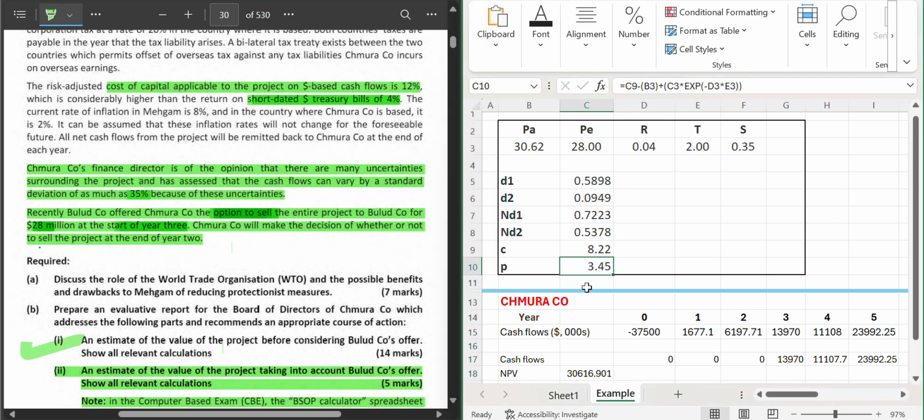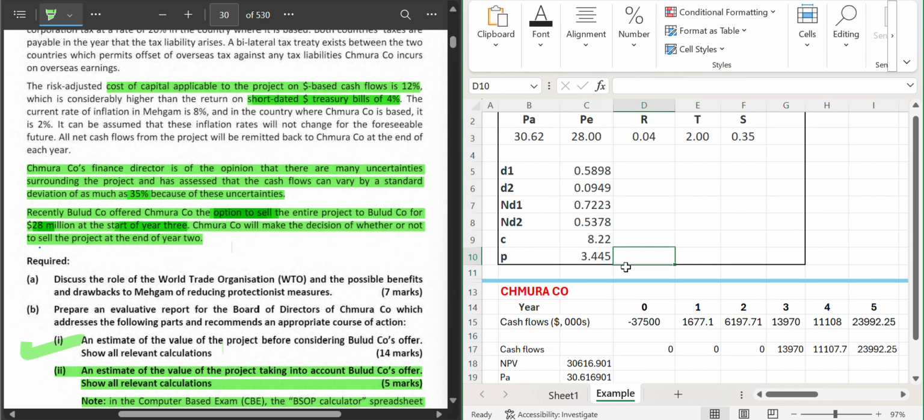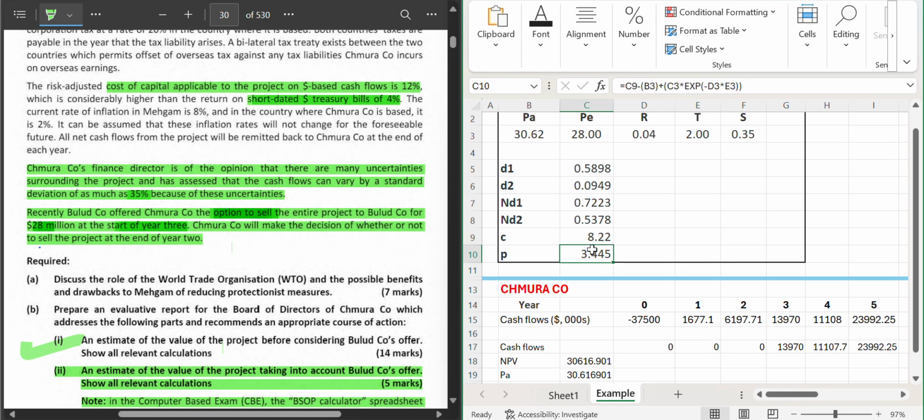So the put option, you can see, let me expand this further. 3.445 million is our answer from this additional option to sell. What we have to do is simply add this value to the NPV we have calculated in the first option here. So it will bring us to the exact NPV after incorporating the real options.